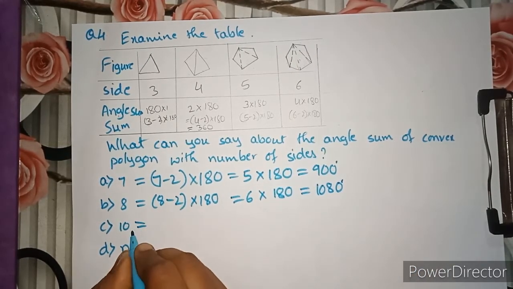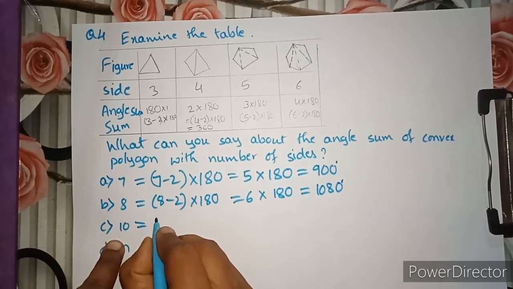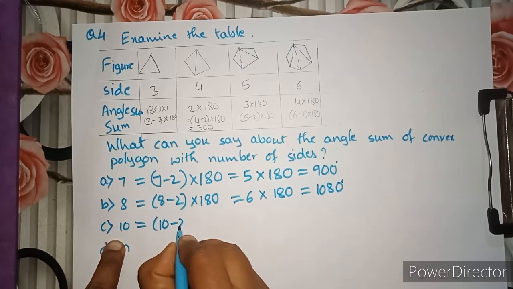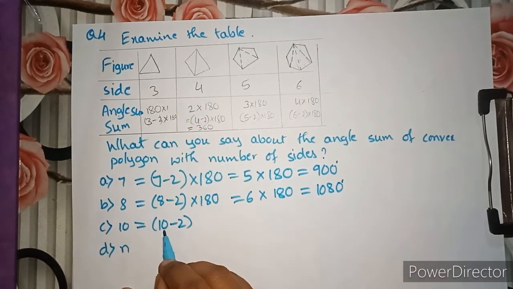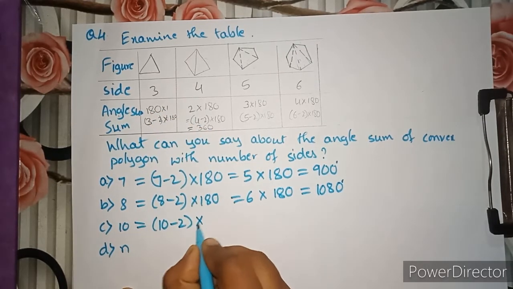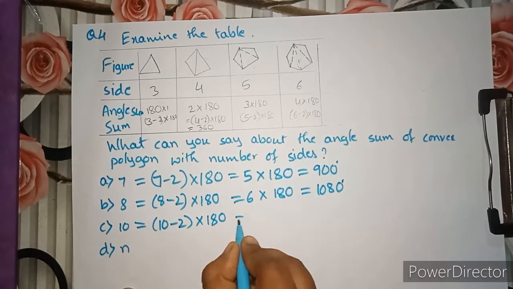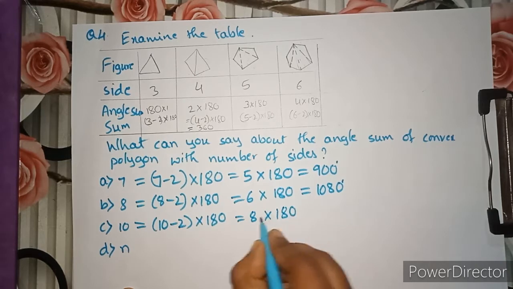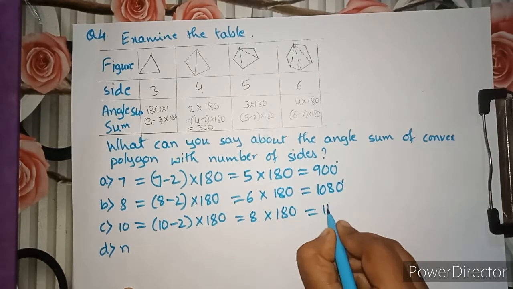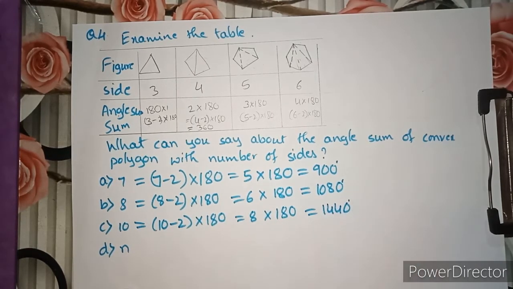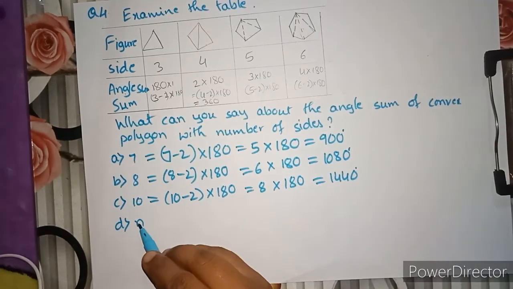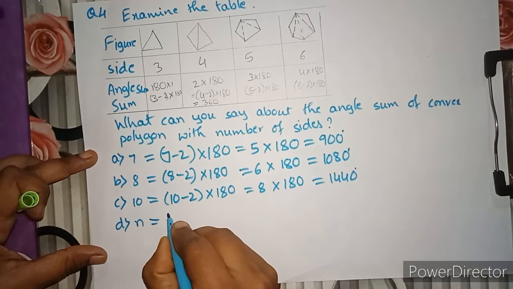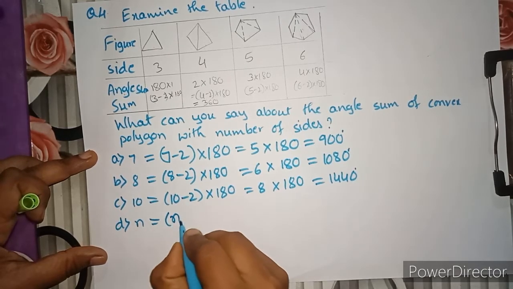The same way, 10-sided polygon, number of sides is 10, 10 minus 2 into 180. 10 minus 2 is 8, 8 into 180 is 1440 degrees.